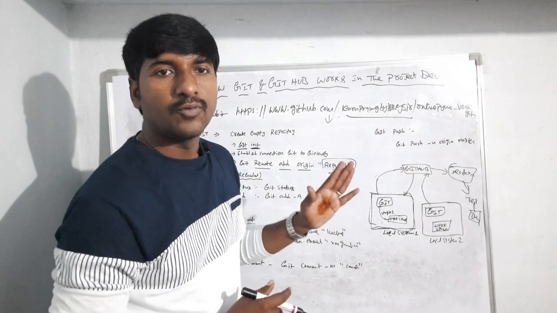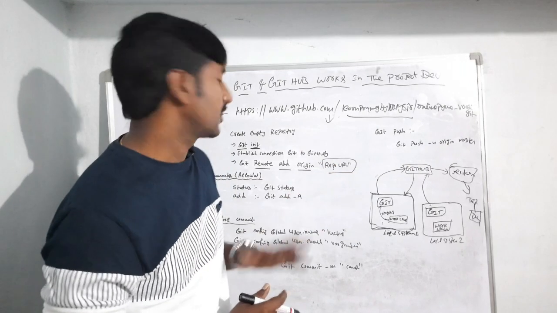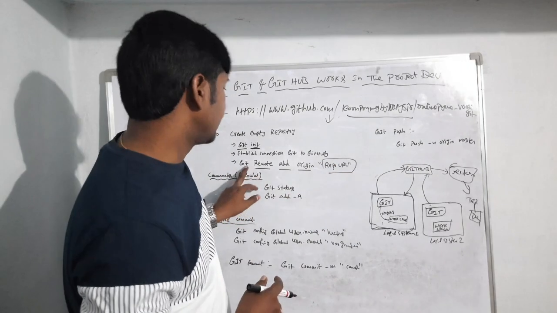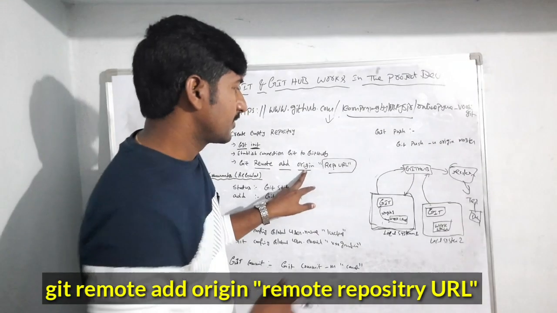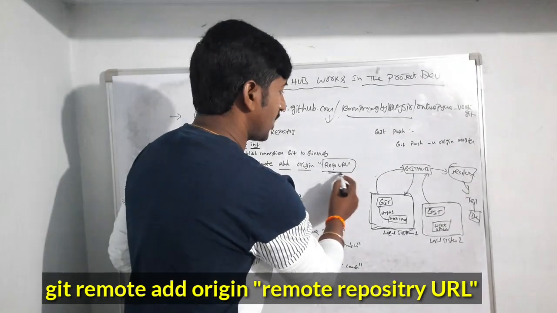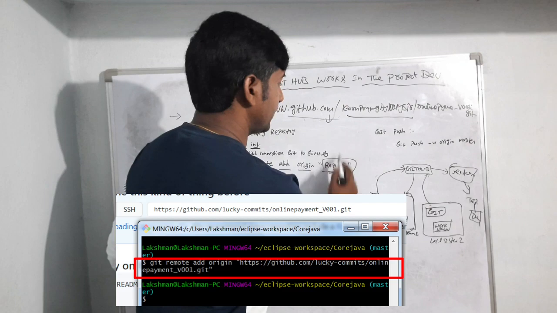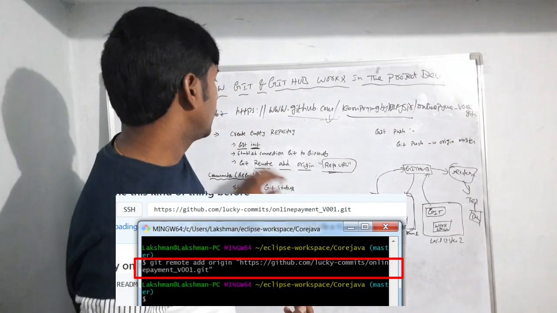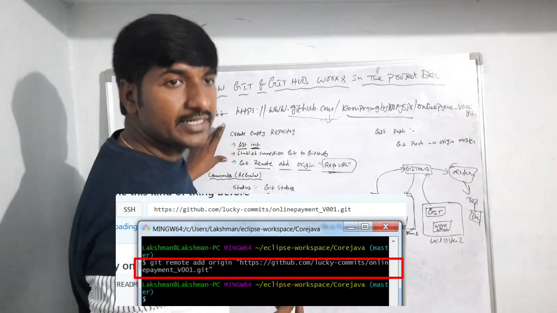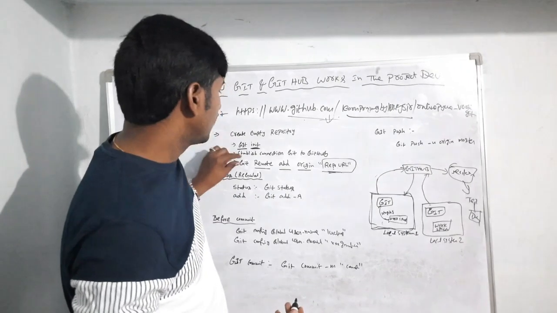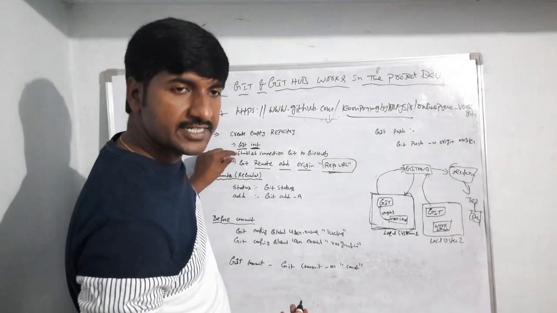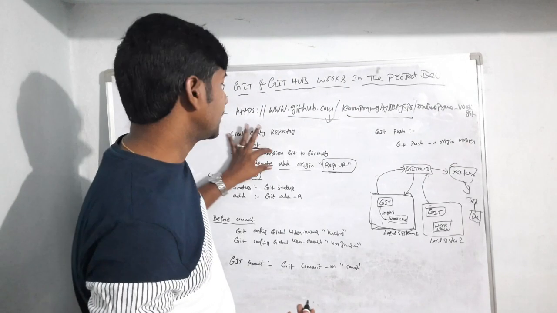For that we need one more command, that is git remote add origin, and within double quotation we have to give the remote GitHub URL.